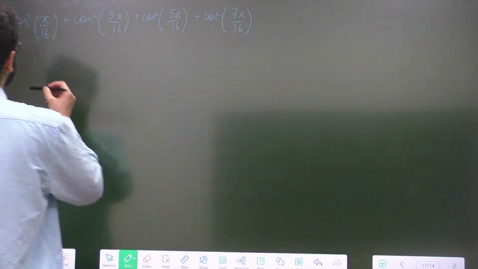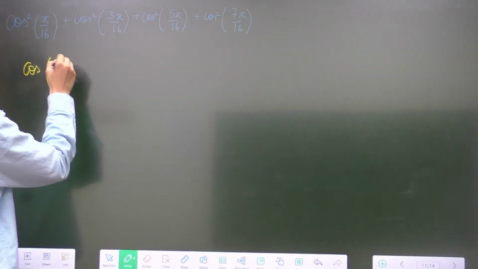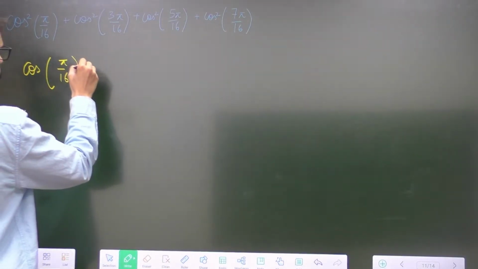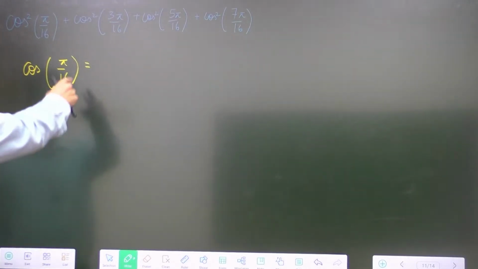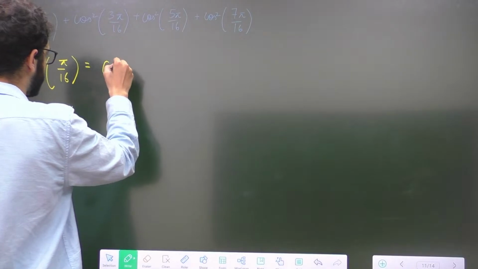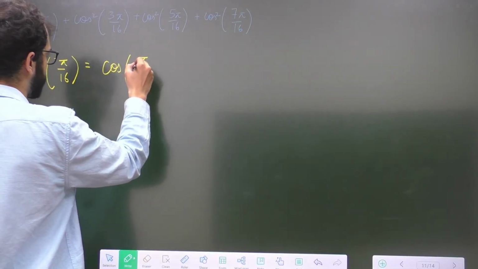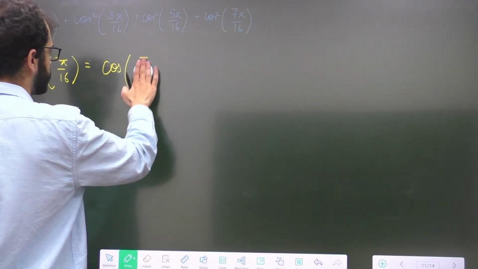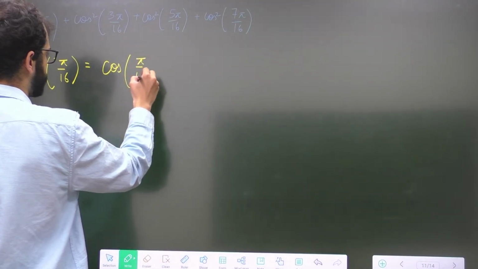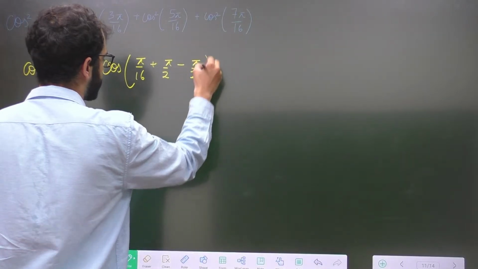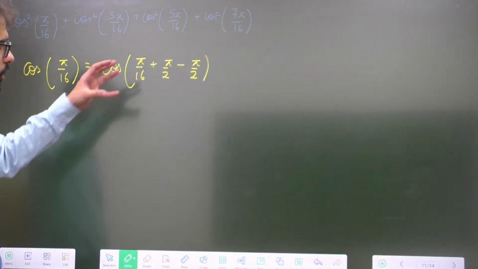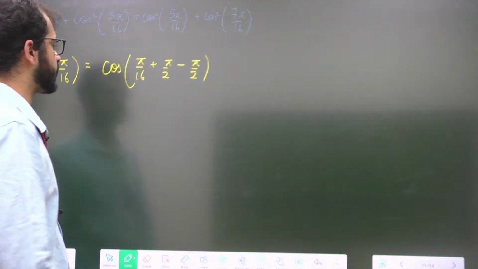I have to convert cos of pi by 16 to sine. Now, if I want to convert cos into sine, then the angle should have pi by 2. So, I'm going to add and subtract pi by 2. I'm going to write cos of pi upon 16 plus pi by 2 minus pi by 2. Now I want pi by 2 to be separate, only then will I be allowed to convert it.